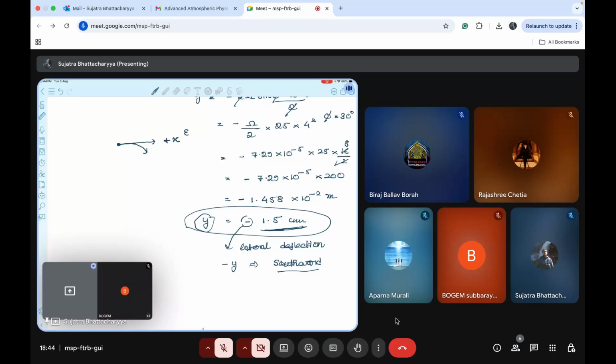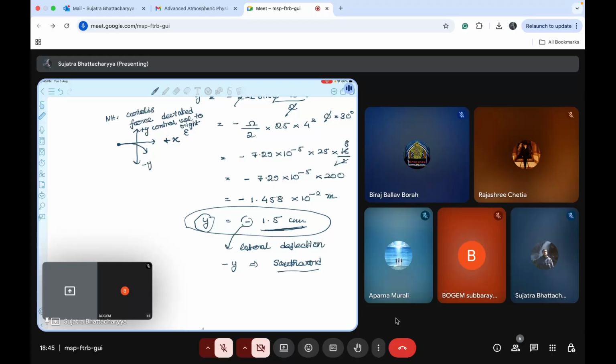Remember, in the northern hemisphere, the Coriolis force generally deviates a control volume to the rightward direction. So it is deviating rightward, and if this is your positive y, this should be negative y.